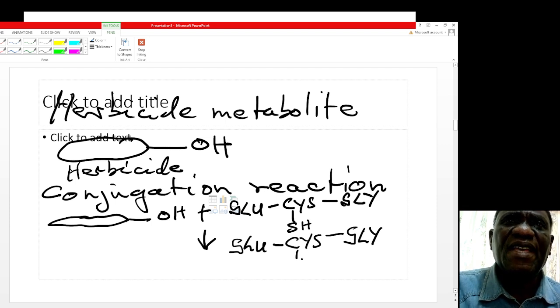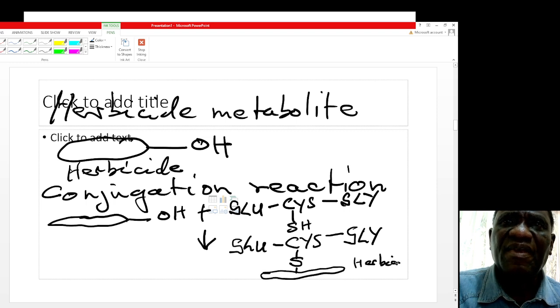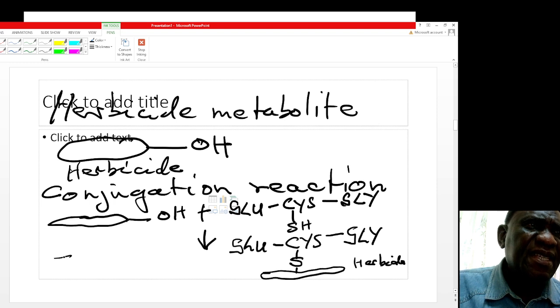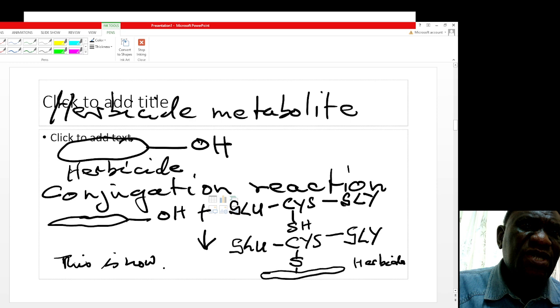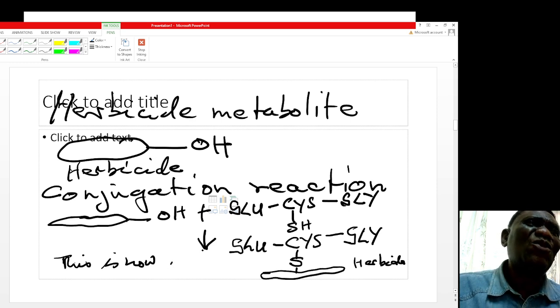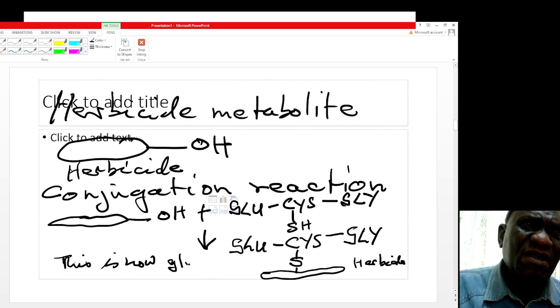Here we now have S joined to the herbicide. This is now glutathione conjugate.